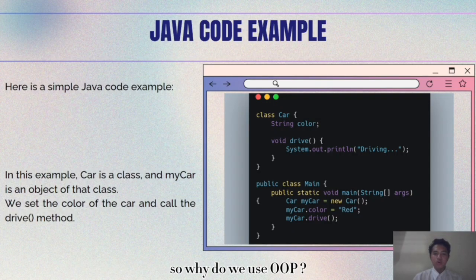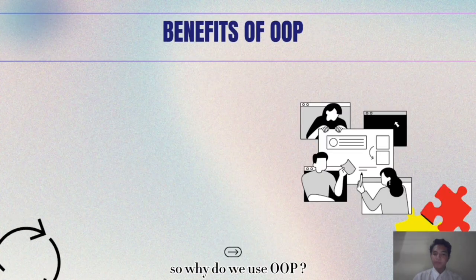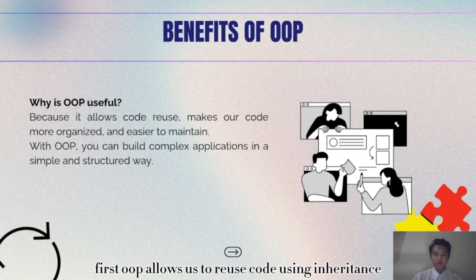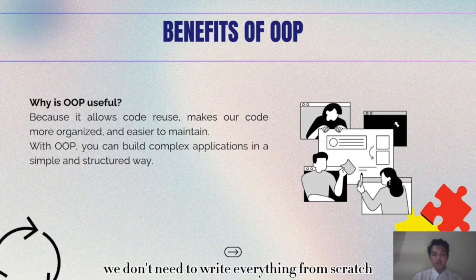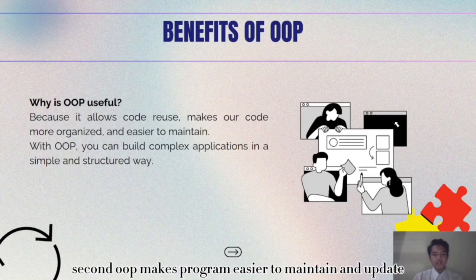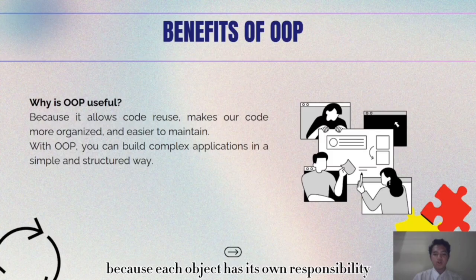So, why do we use OOP? First, OOP allows us to reuse code using inheritance. You don't need to write everything from scratch. Second, OOP makes programs easier to maintain and update because each object has its own responsibility.